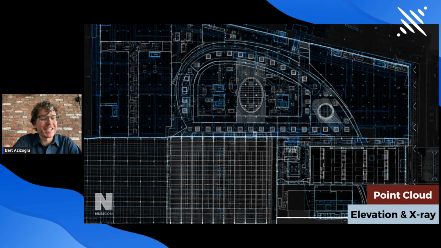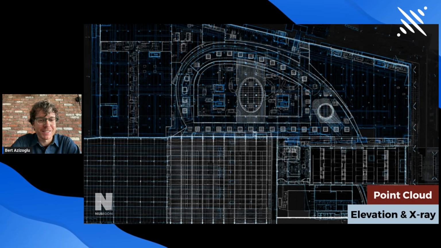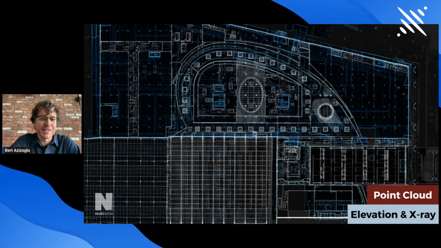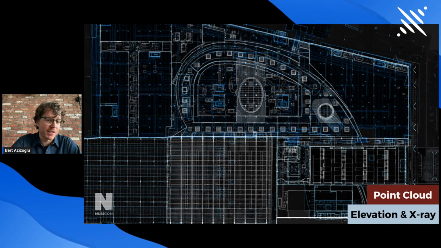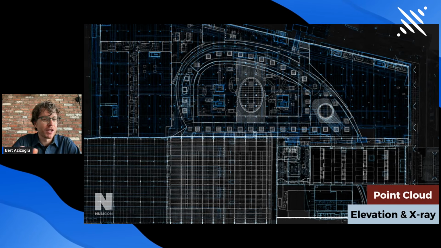If you are lucky enough to work on a very large project like this train station project in Spain, obviously the X-ray is quite useful because it allows you to penetrate beyond the line of sight and give you a much clearer view of the scope of your projects.